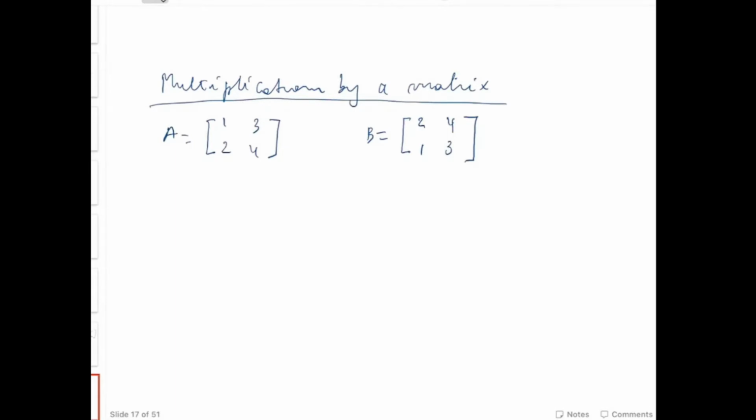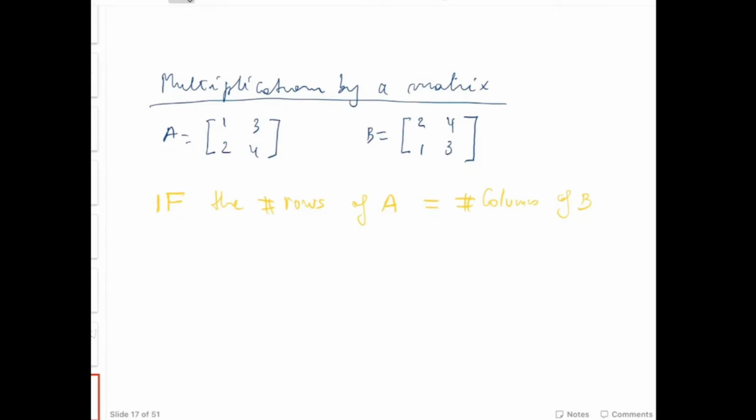You can only multiply two matrices if the number of columns of A is equal to the number of rows of B.